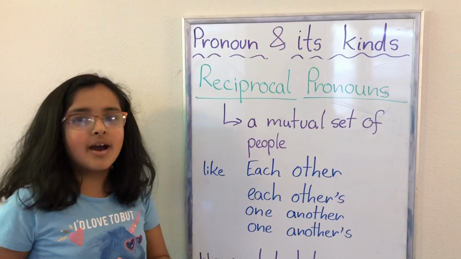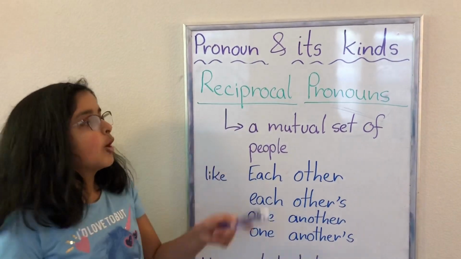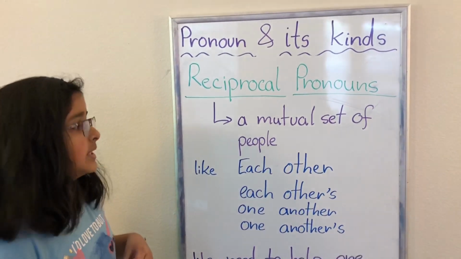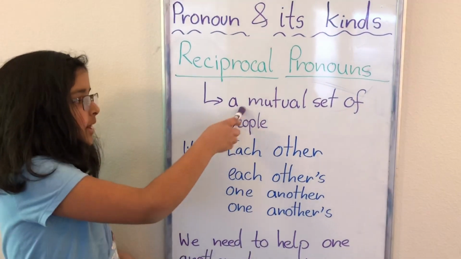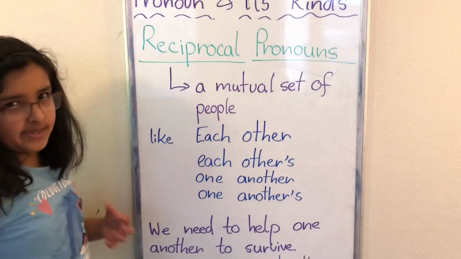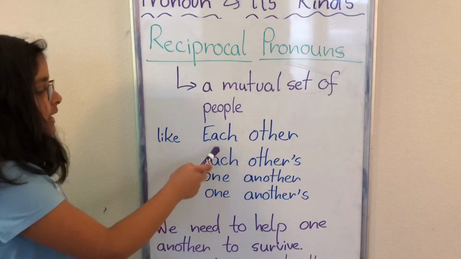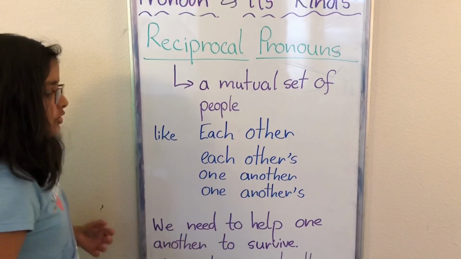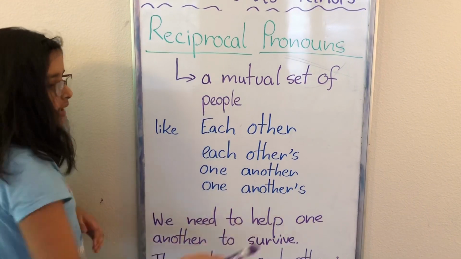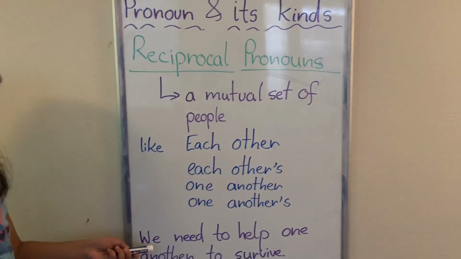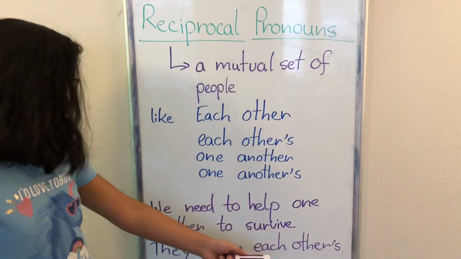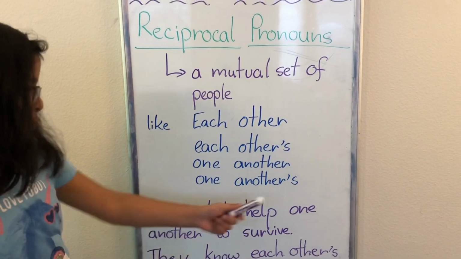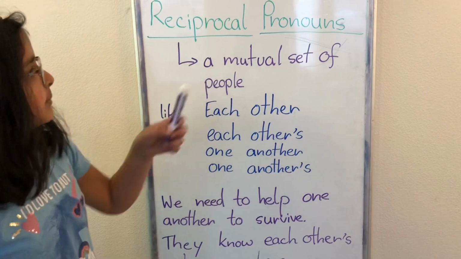The next type of pronoun is reciprocal pronouns, and reciprocal pronouns refer to a mutual set of people, like each other or each other's, and one another or one another's. And you could say, we need to help one another to survive, and one another is the reciprocal pronoun.